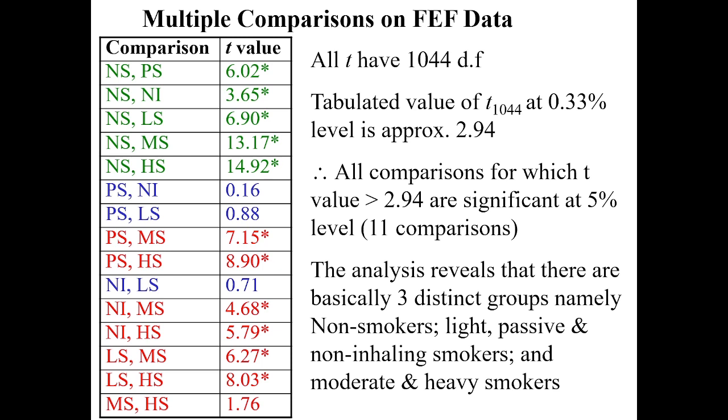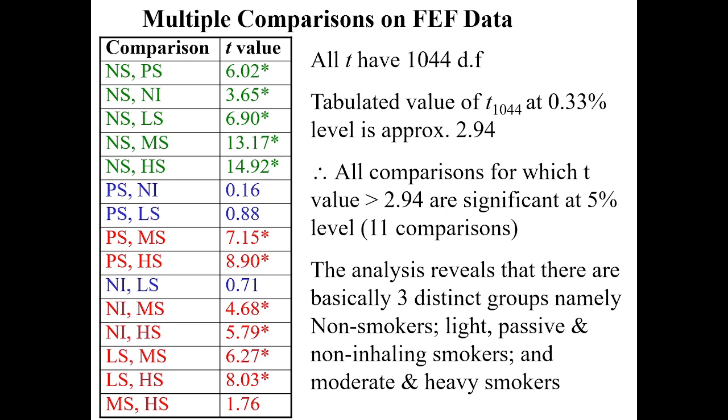The tabulated value at t 1044 at 0.33%. Usually we take 5%, but with multiple comparisons adjusted by Bonferroni correction, the level of significance is now not 5% but 5% divided by 15, which is 0.33%, and the theoretical tabulated t value is 2.94. Any t value above 2.94 is significant.